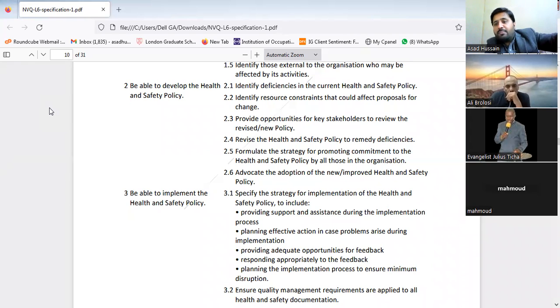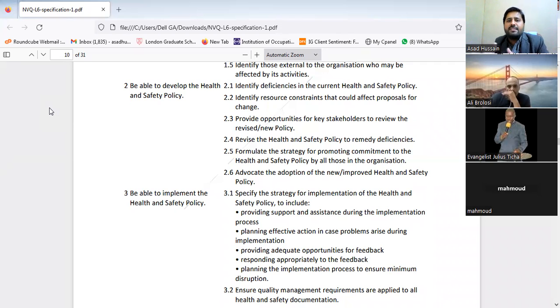Policy display is communicating the health and safety policy that you have decided, where you put it on the board or on the notice board or anywhere. Before communicating to all the workers officially, you have to take these stakeholders on board and communicate to them: these are the changes we have made.